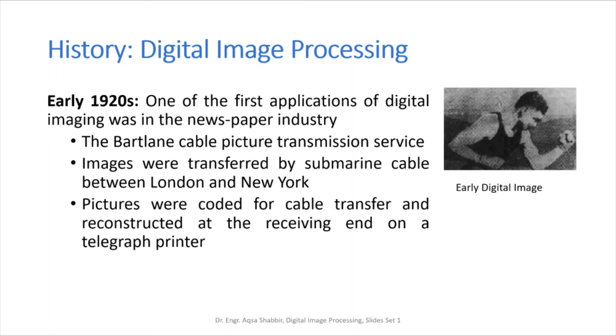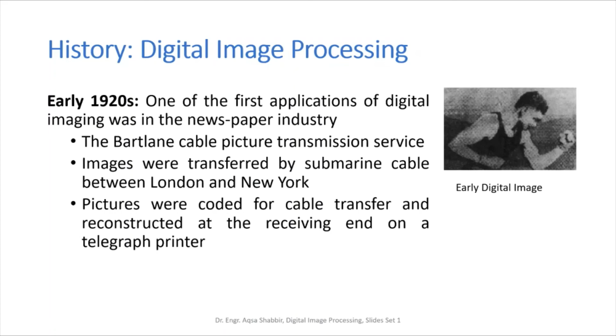The Bartlane cable system, these submarine cables between London and New York, was used for transmitting images for newspapers. In 1921, the Bartlane cable system was using 5 gray levels for transmitting the black and white picture, and it would take close to 3 hours for the transmission of the picture.